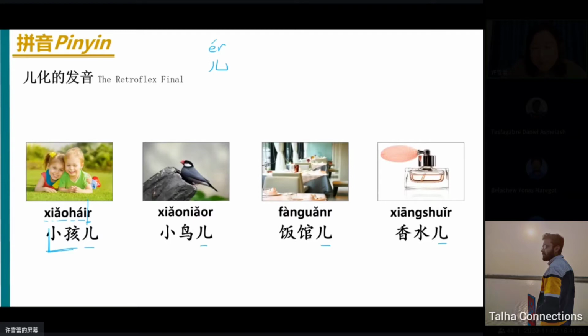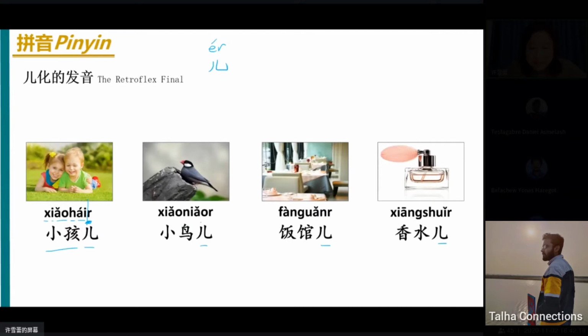But when you see 儿 is attached to this word, 小孩 changes to 小孩儿. 小孩儿, again 小孩儿, so that is just to provide a little sound to the previous syllable, so that is called retroflex final.